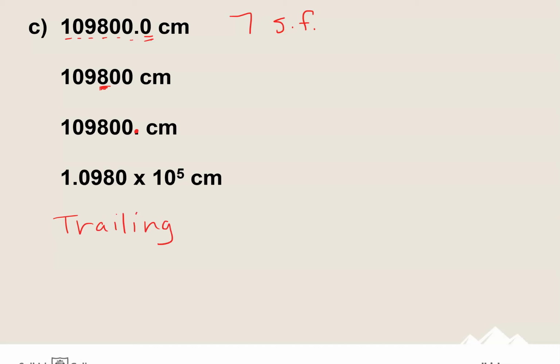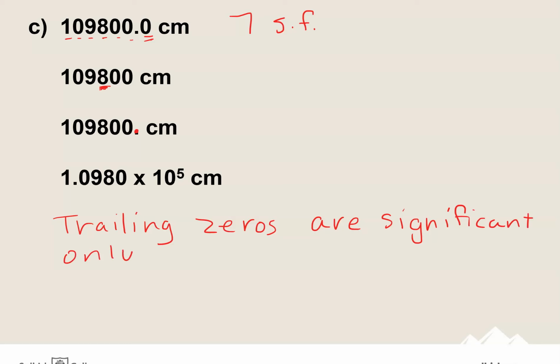Trailing zeros are significant only if there is a decimal point.